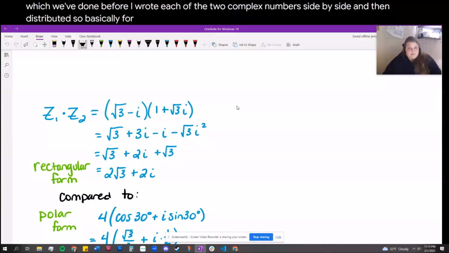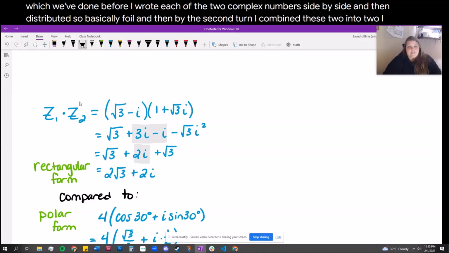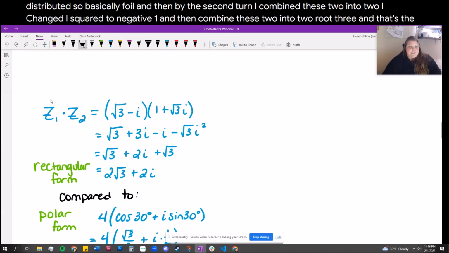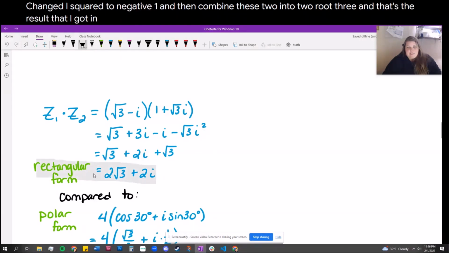So basically FOIL. And then by the second turn, I combined these 2 into 2i, and then changed i squared to -1, and then combined these 2 into 2 root 3, and that's the result that I got in rectangular form.